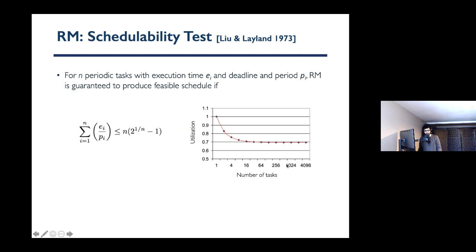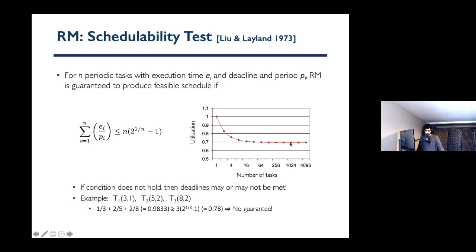So for, let's say, 124 tasks, you can have this guarantee if your total utilization is less than probably 68% or something. Again, as I mentioned, if this condition does not hold, we don't know anything. So it might or might not work.